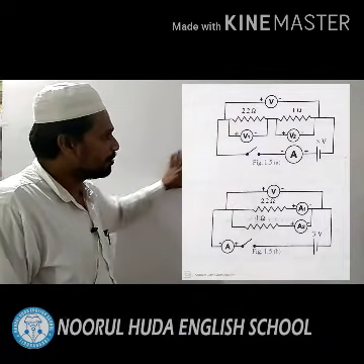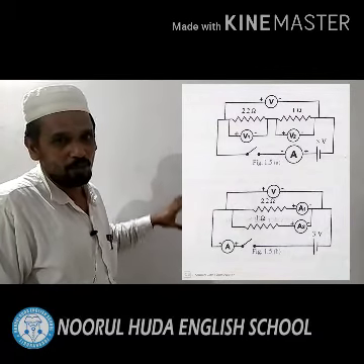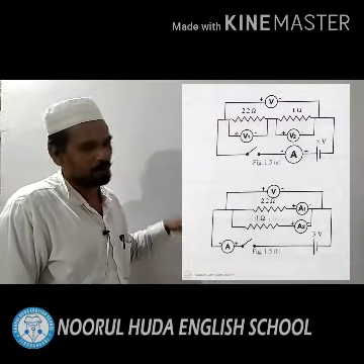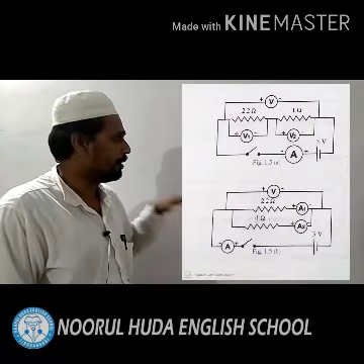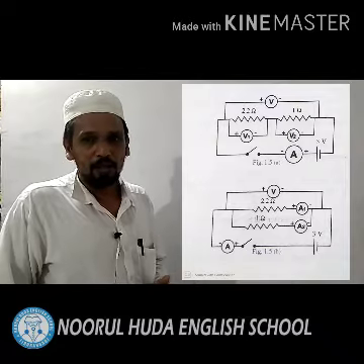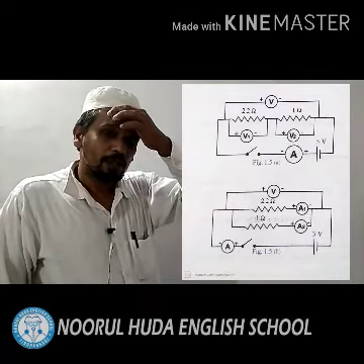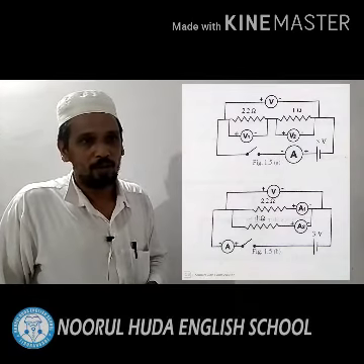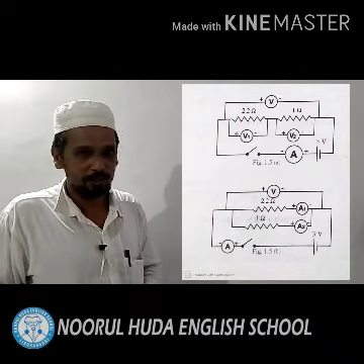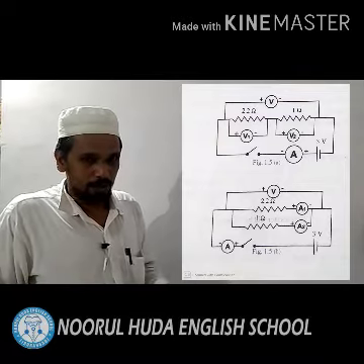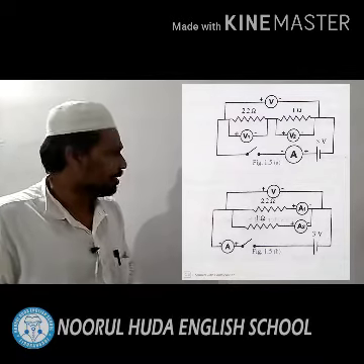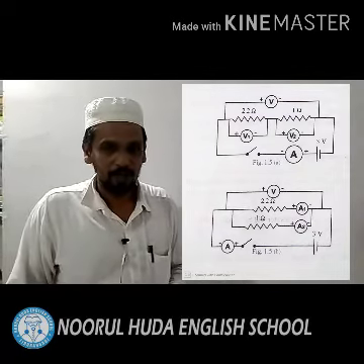Observe the ammeter reading and voltmeter reading in the circuit. When comparing the current and voltage in each circuit, what happens to the total resistance when connecting in series and when connecting in parallel?